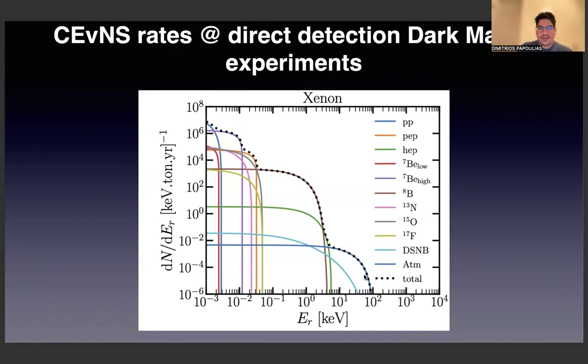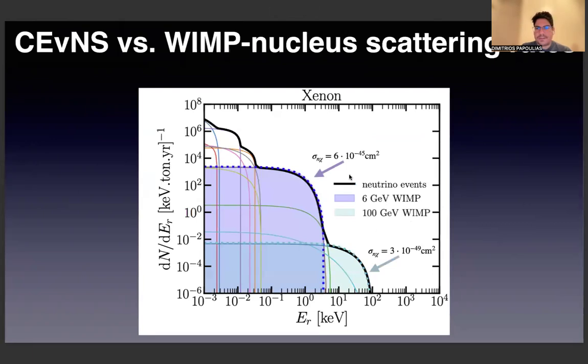What is interesting to notice is that assuming a 6 GeV WIMP with this cross-section, the signal of the WIMP can perfectly mimic the boron-8 one of the CEvNS case, or vice versa. And for the case of a 100 GeV WIMP and a much smaller cross-section, of course, the WIMP and neutrino-induced recoil spectra are perfectly matching.